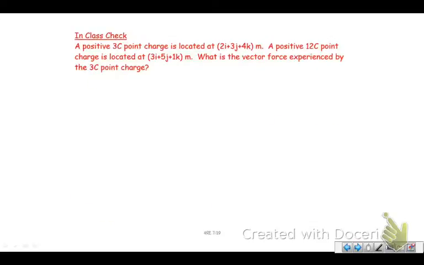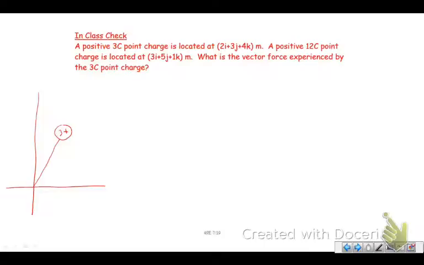Let's go down here. Positive 3 Coulomb point charge is located at, oh my word, everything was going so nice. That's 3 positive.